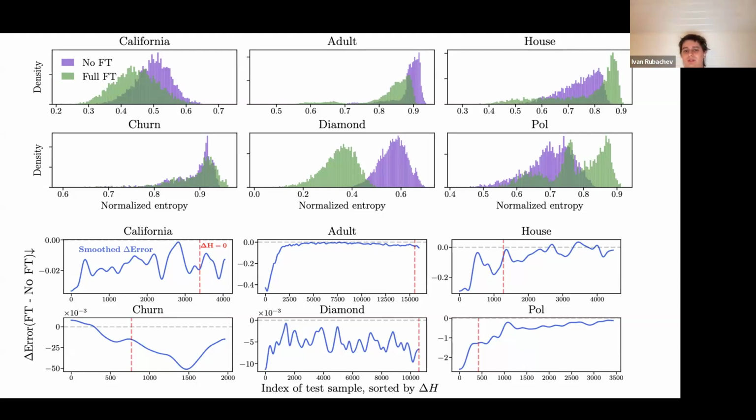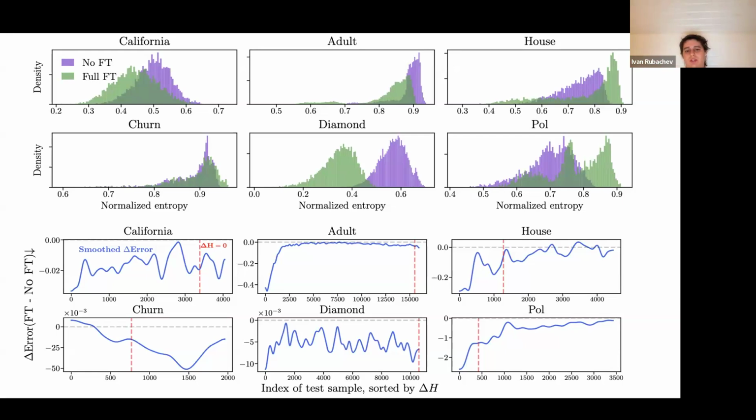But what we are interested in then is the plot below, how the actual performance improvement on each individual sample is correlated and related to the change in entropy. Is it basically the case that we get the most improvement when the entropy of the attention distribution, looking at the test instances, decreased the most?